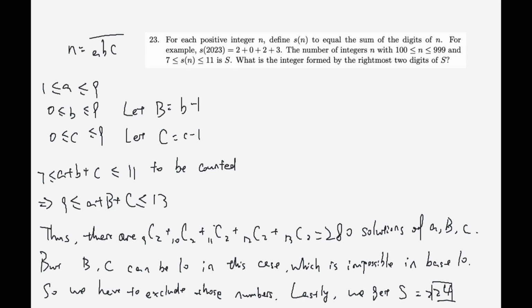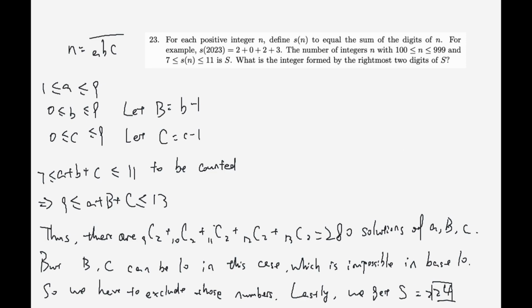This question is a typical counting question. So first, we can let n be equal to abc, where a is in the range of 1 to 9, b in 0 to 9, as well as c. So we can let big B equal small b minus 1, and big C equal small c minus 1.